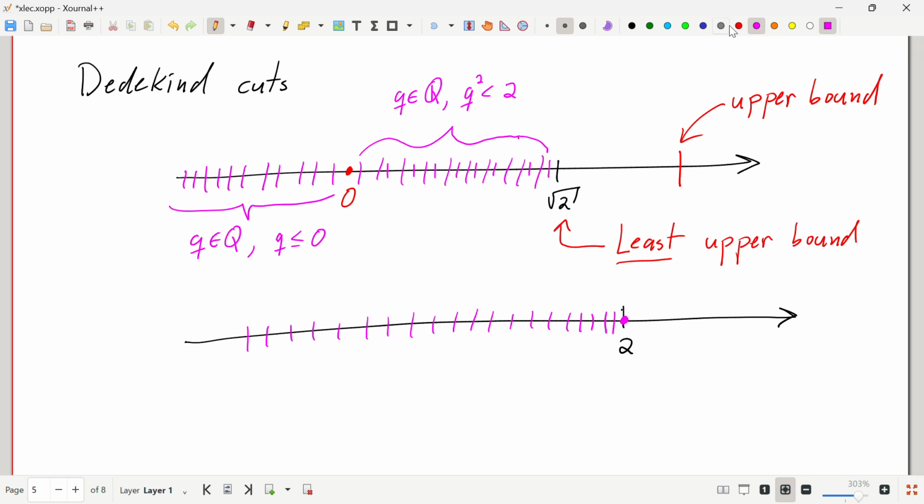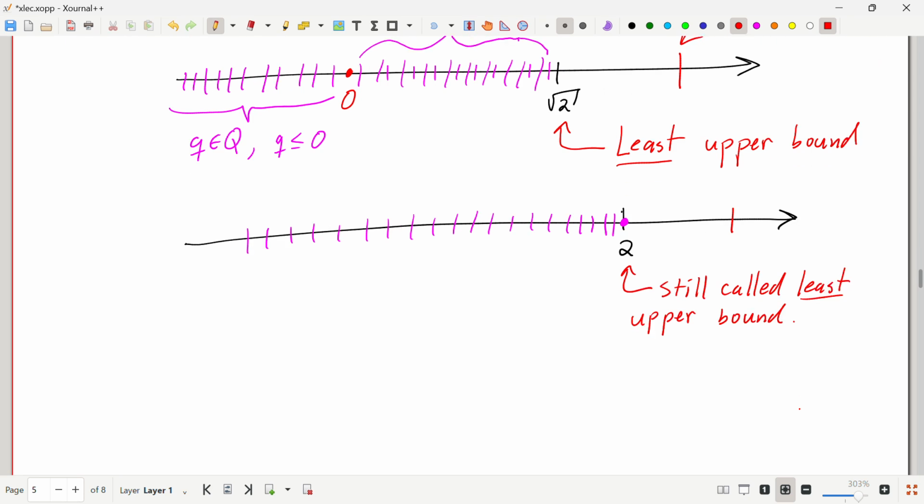There's upper bounds here that are clearly above that whole thing. But this is still my least upper bound. It's an upper bound. It's bigger than or equal to everything. And this 2 is also a least upper bound, even though it's in. Still called the least upper bound. And the reason is that an upper bound means that m is bigger than or equal to everything in the set.